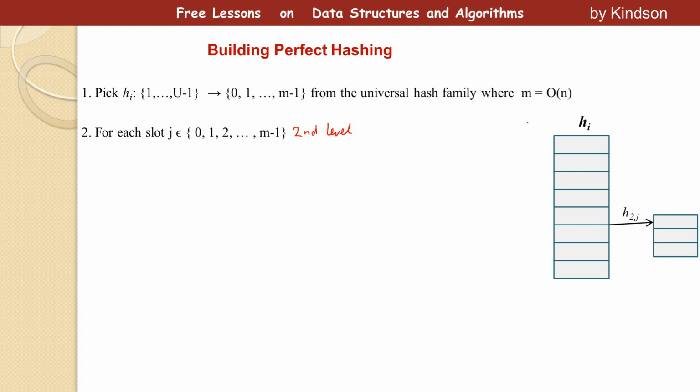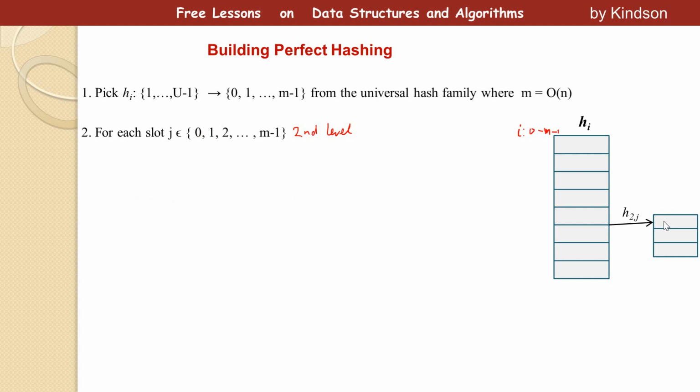The first level goes from 0 to m minus 1 for sure. So at the second level, this time we are taking all the items that hash into the second table. So for each slot j in 0 to m minus 1, this is the second level.